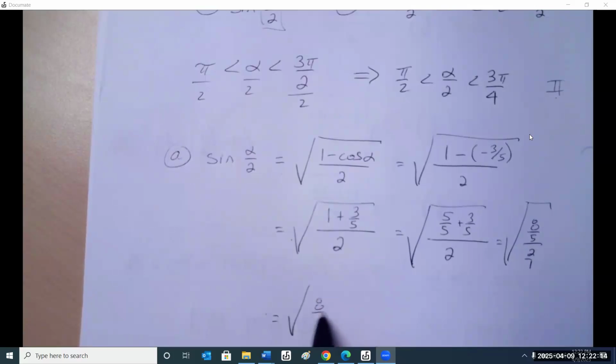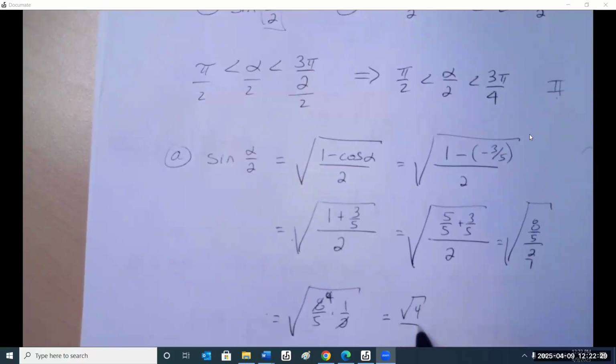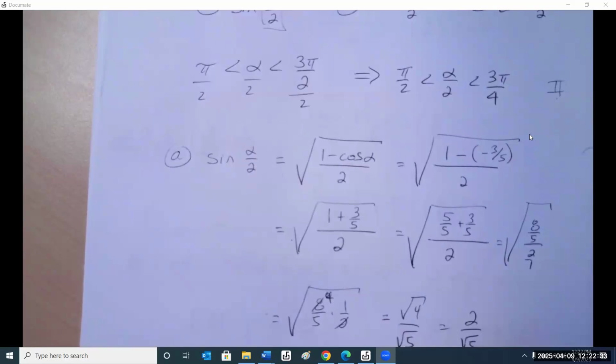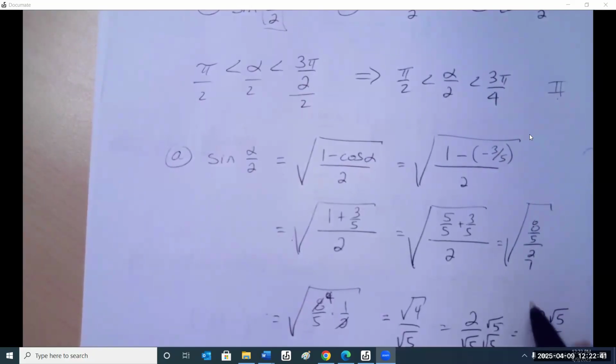We have 8 over 5 times 1 over 2. That equals 4 over 5. So we have square root of 4 over square root of 5. Rationalize the denominator. So we get 2 radical 5 over 5.